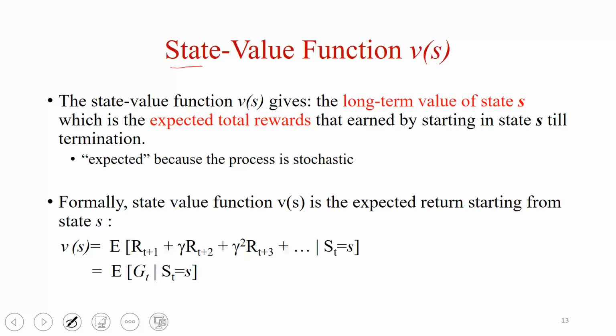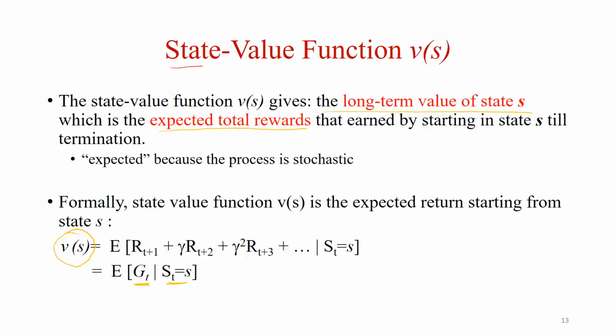The state value function gives the long-term value of state S, which is the expected total rewards. In other words, the state value for state S really is the expected G_t, which we defined just in the previous slide, given that I am in this state.